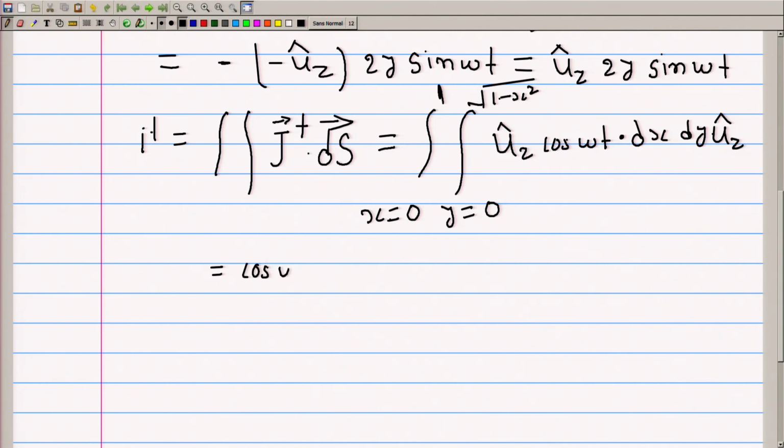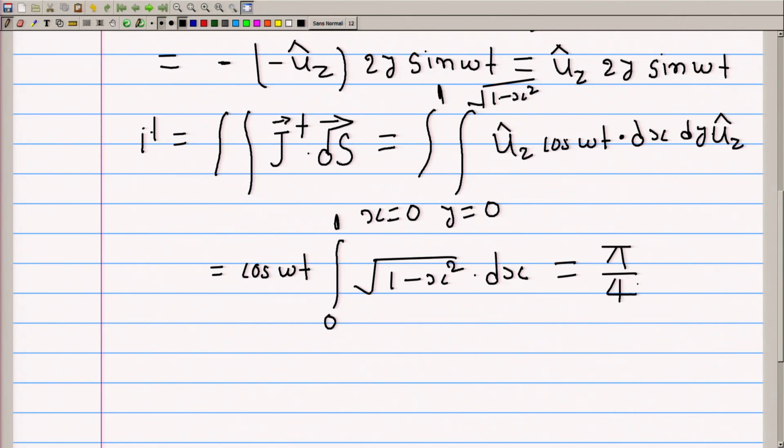Cos omega t is a constant, so it is outside, and we take the integral on y from 0 to 1, which gives the square root of 1 minus x squared dx, and this will come to pi by 4 cos omega t. This is the value of It.